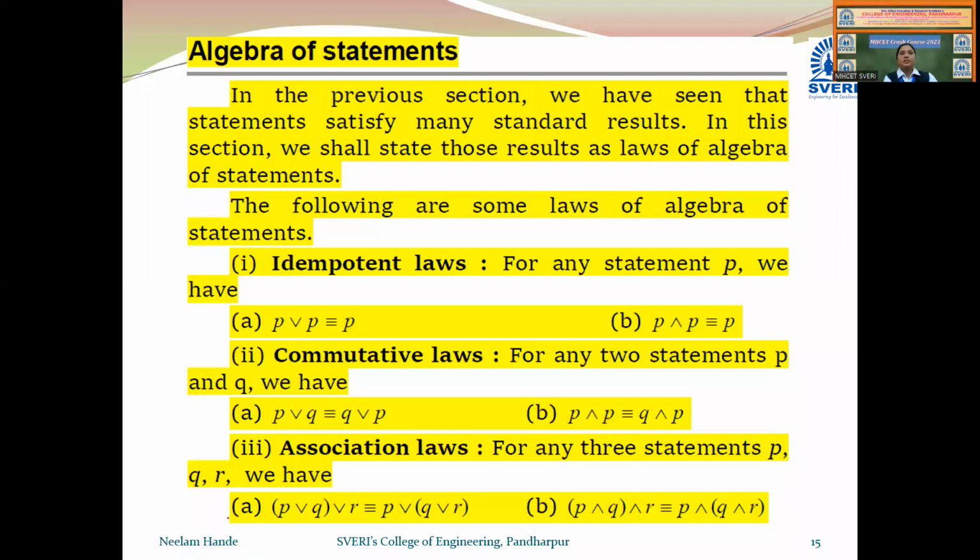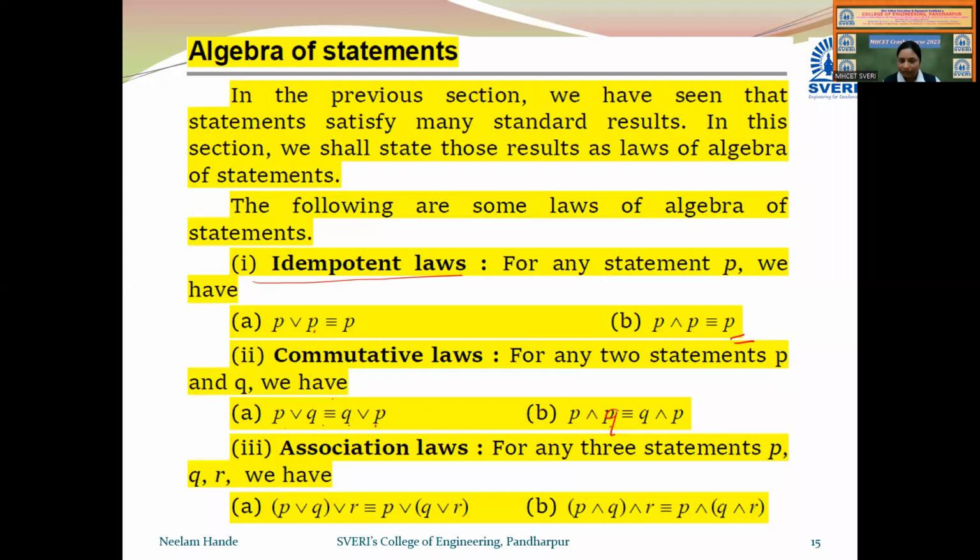Next, algebra of statements. The first rule is the idempotent law: P or P is equivalent to P, and P and P is always P. Commutative: P or Q is equivalent to Q or P, and P and Q is equivalent to Q and P. We can write either P first and Q second, or Q first and P second; there is no difference.